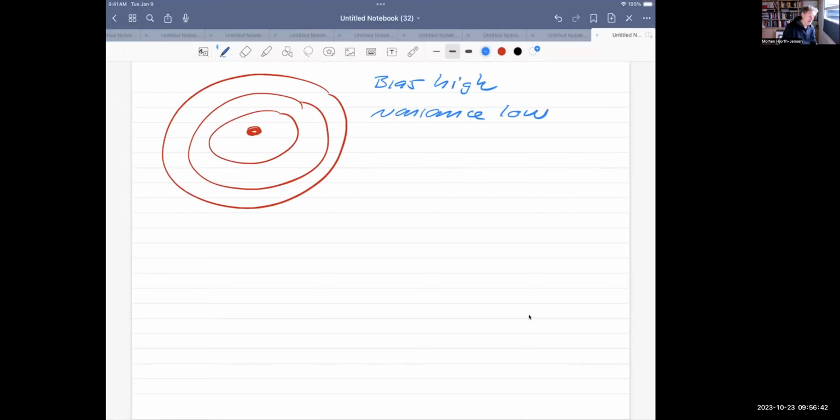So the red is the target, so we want that specific point. Now, if we have a small variance in the model, the predictions which we are making would be centered. So the cross here is the mean value of the model, E.